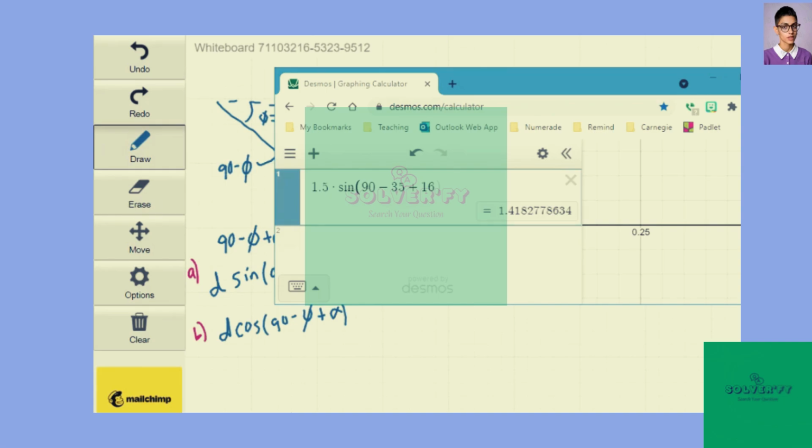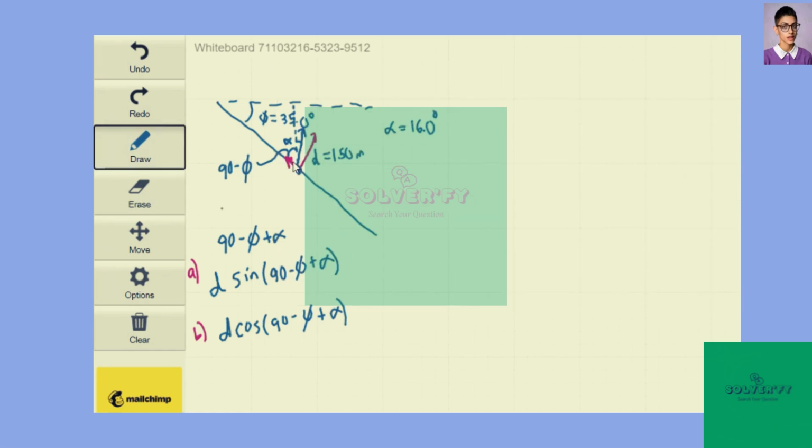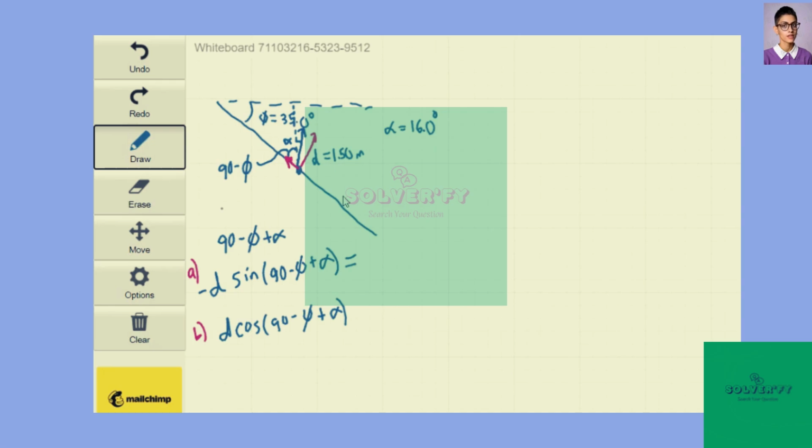1.41, which does not exactly match what's written in the book. Now, it is negative, so I should write negative here. And I get, again, negative 1.42.